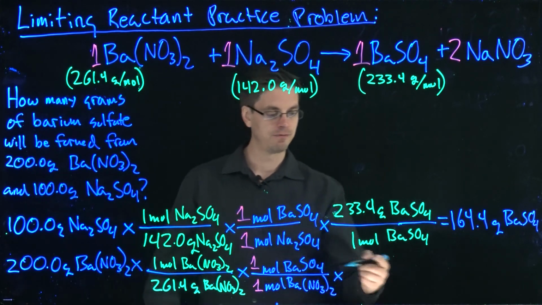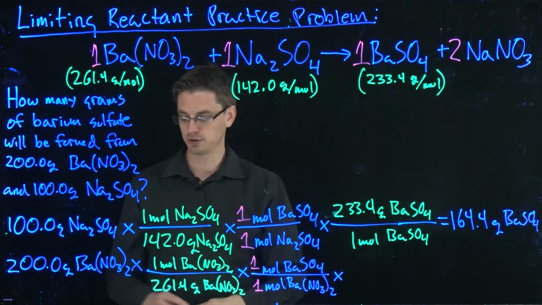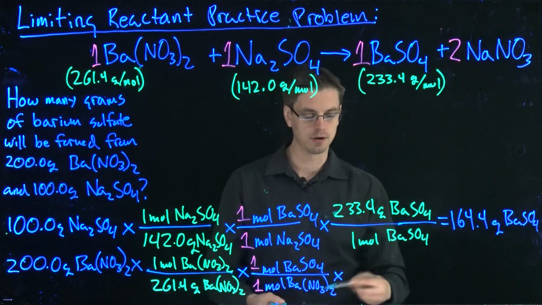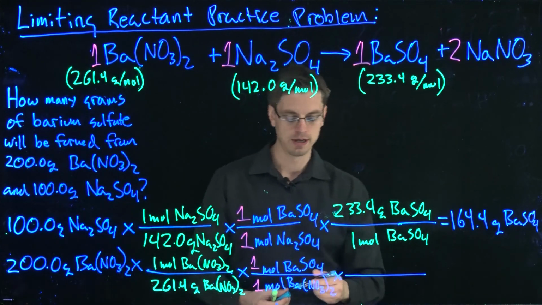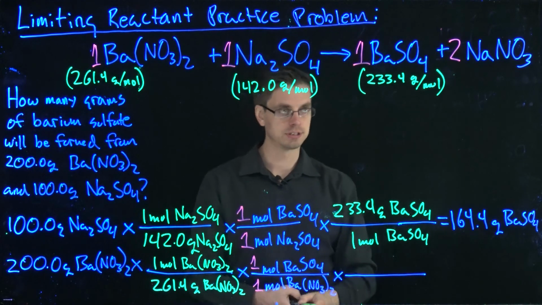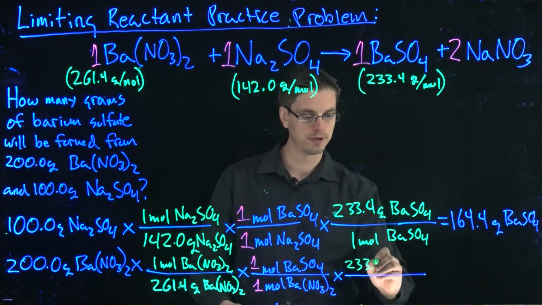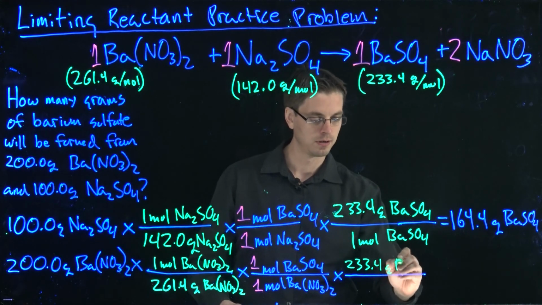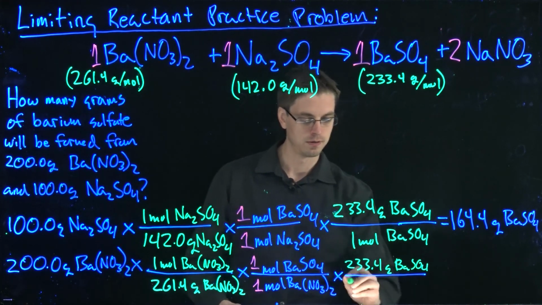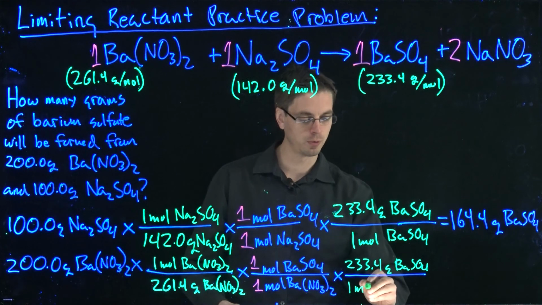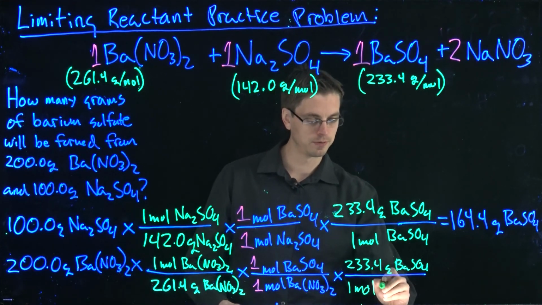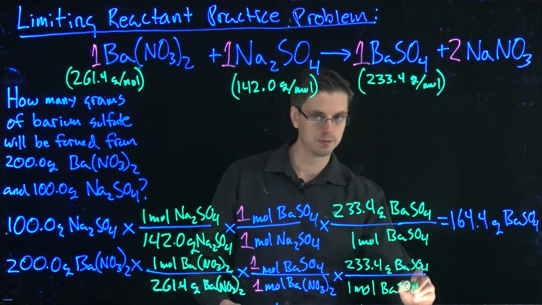And then finally, we can convert over here to the mass of our final product using, just as we did previously, the molar mass of our barium sulfate product. So 233.4 grams of barium sulfate for every 1 mole of barium sulfate.